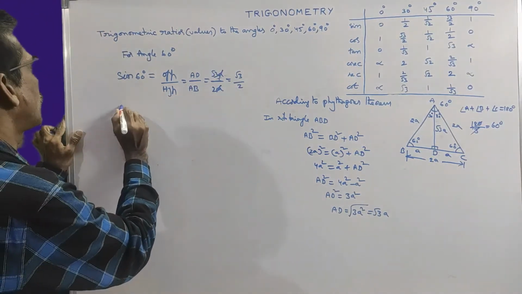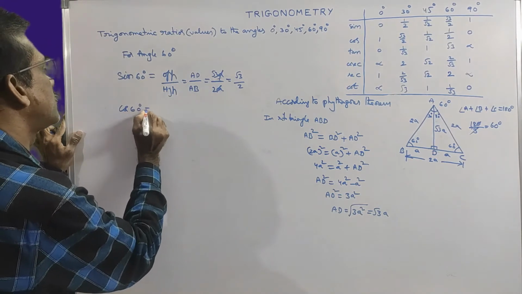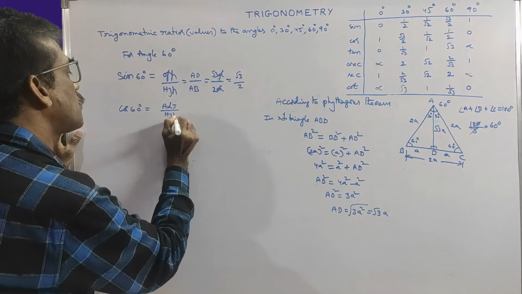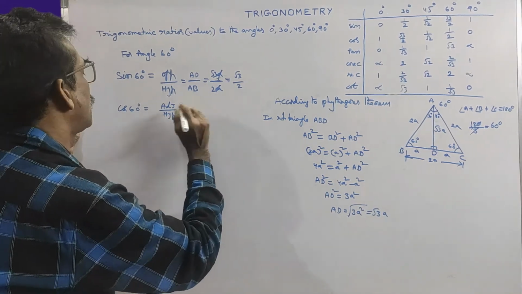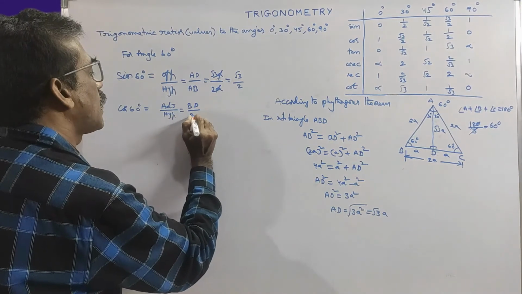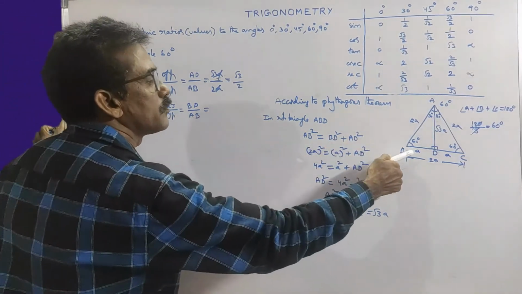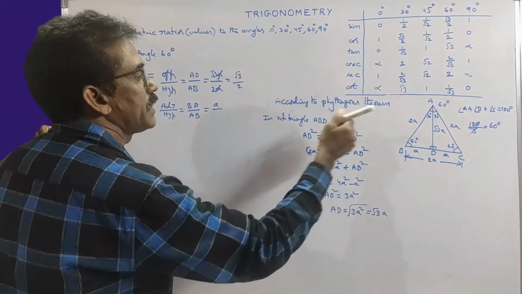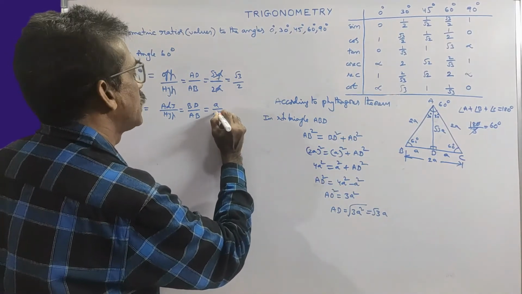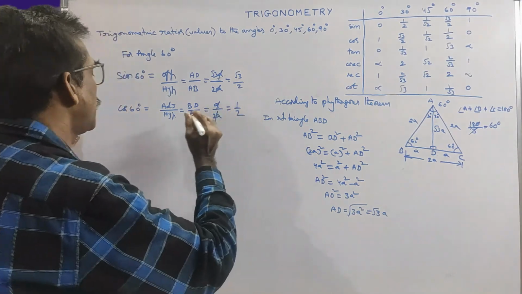So next is cos 60 degrees. The cos formula is adjacent side by hypotenuse. The adjacent side for this 60 is BD, by hypotenuse AB. BD value is A, AB value is 2A. A cancels, 1 by 2.